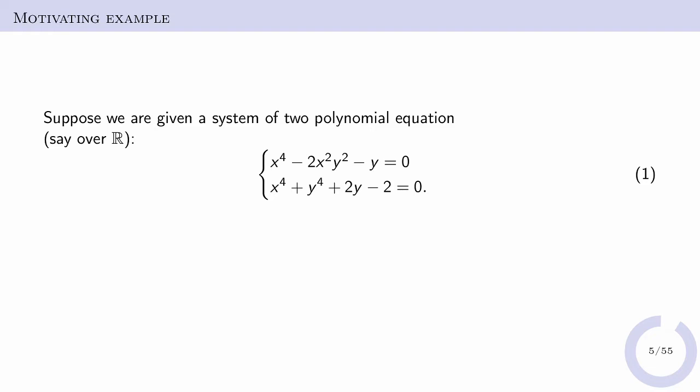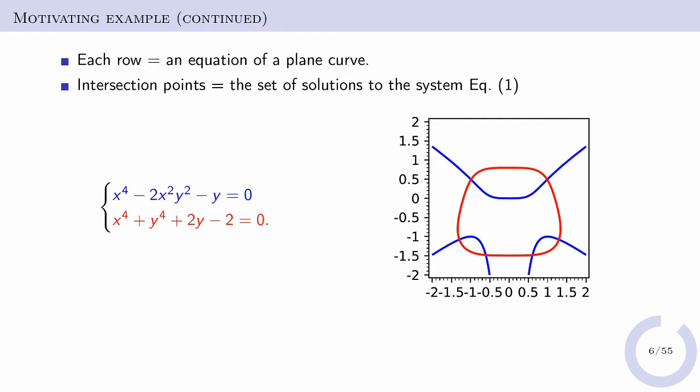We can think of both these equations as equations describing plane algebraic curves. So the first line is an equation of the blue curve, which you can see here, and the second line is the equation of a red curve that you can see here.